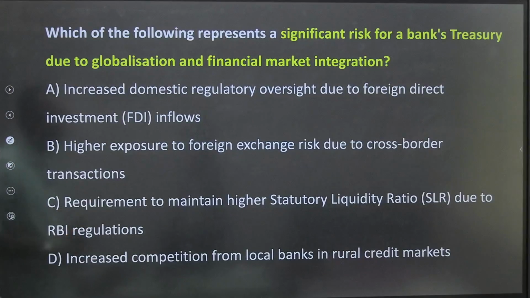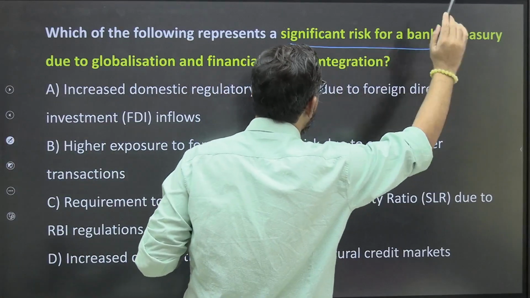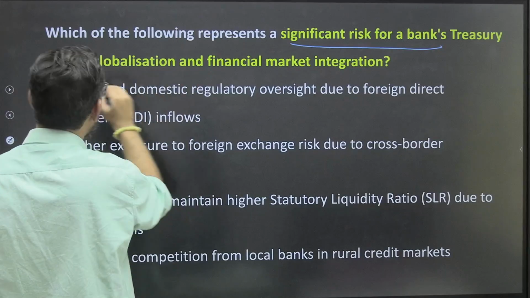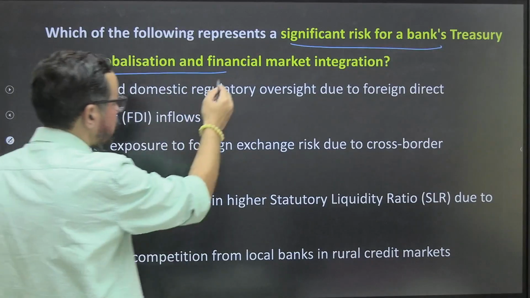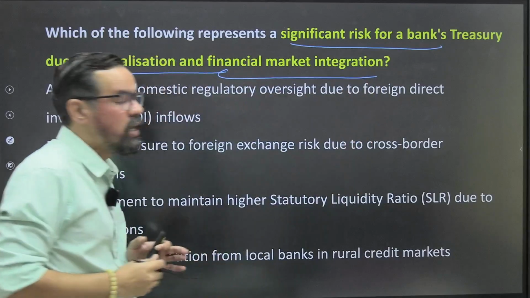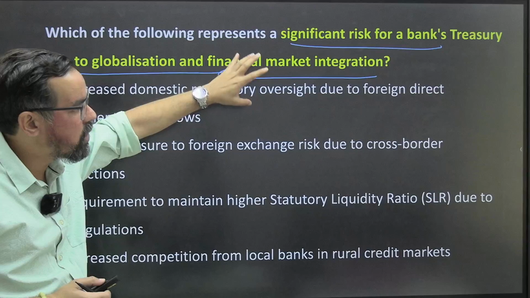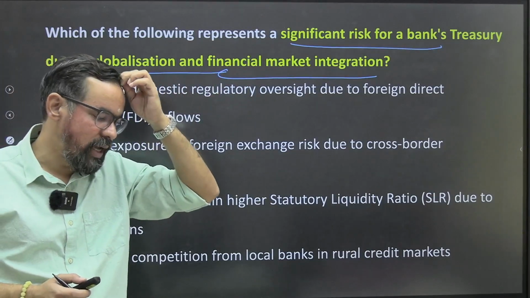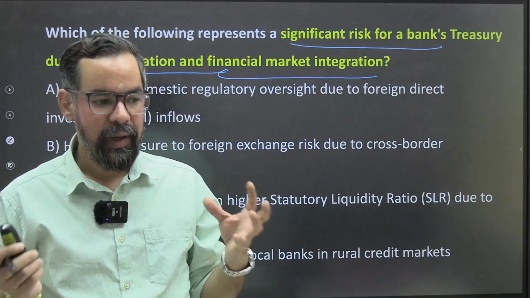Okay? Next one. Which of the following represents a significant risk for a bank treasury due to globalization and financial market integration? Due to globalization, markets are completely interconnected.